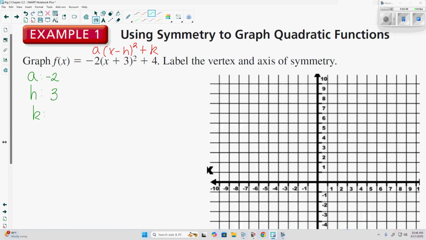Our number value of h is 3. Now, would the 3 be positive or negative? Negative, because we have x plus 3. To match up to the general form, we're really looking at x minus -3. That's the only way we can get it to be plus. So h is -3, and k is 4.